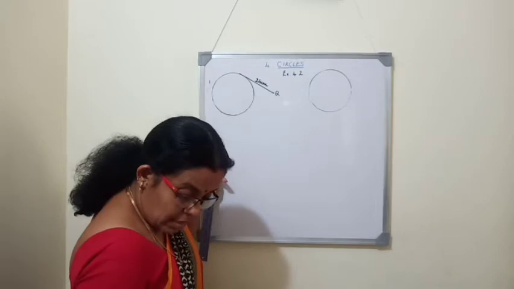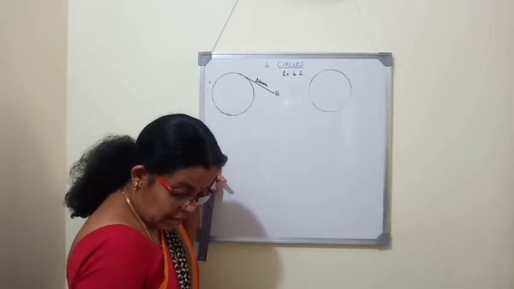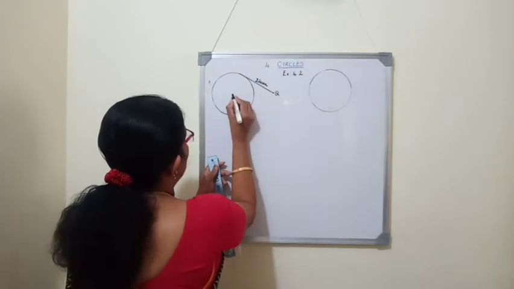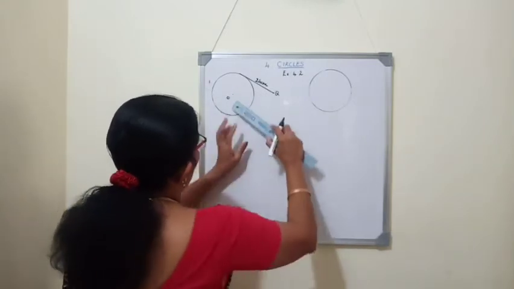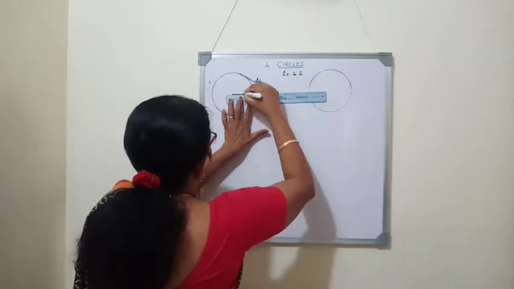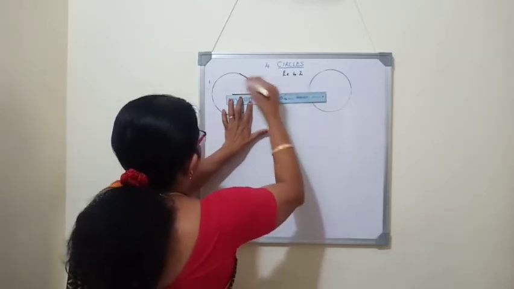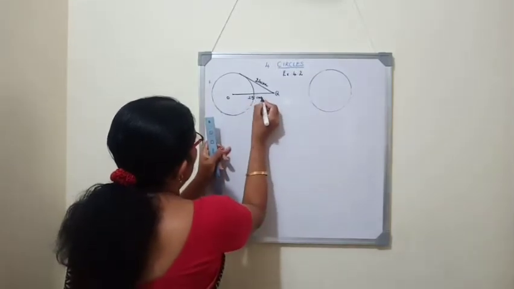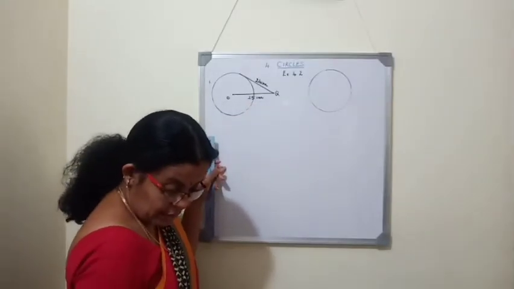And the distance of Q from the center is 25 centimeter. So here we have to draw the distance from the center to the point Q, 25 centimeter. We have to find the radius of the circle.